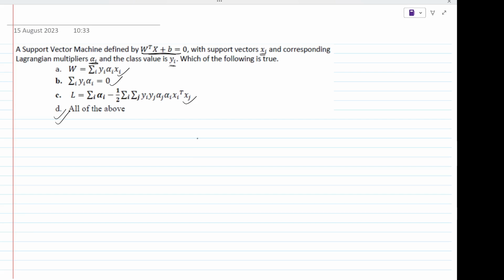So you wanted to minimize this function.